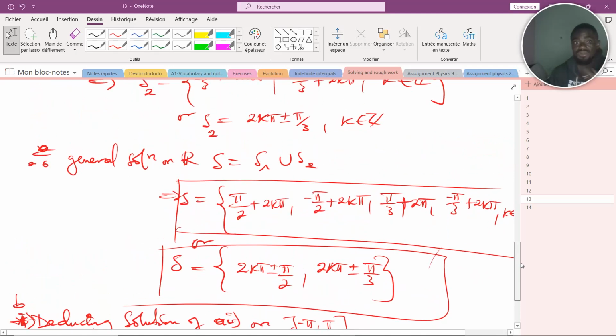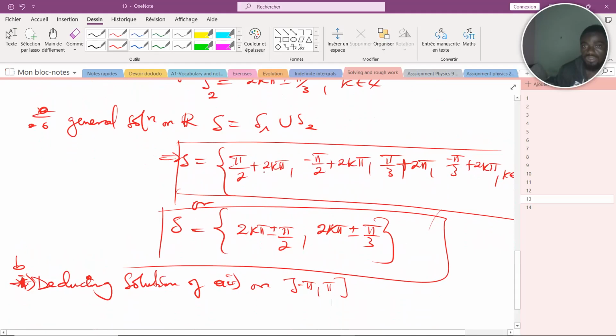We have already the general solution. These were the general solutions. So we have to take each of these ones and put it on this interval to find the corresponding value of k.